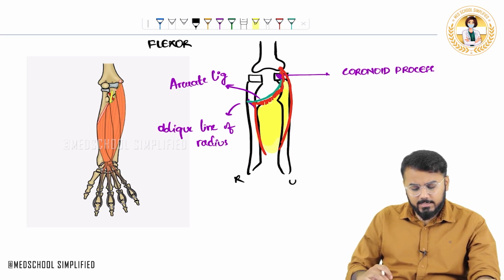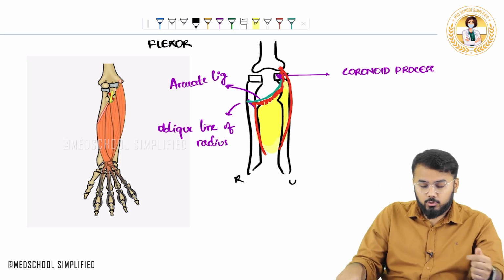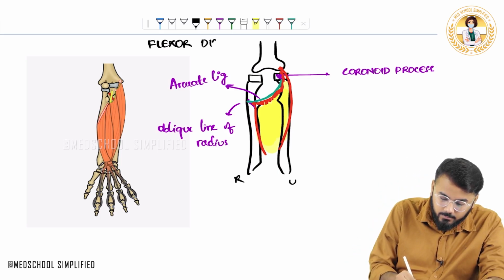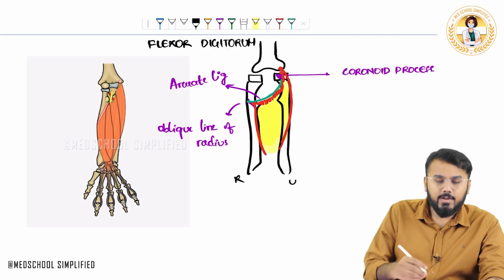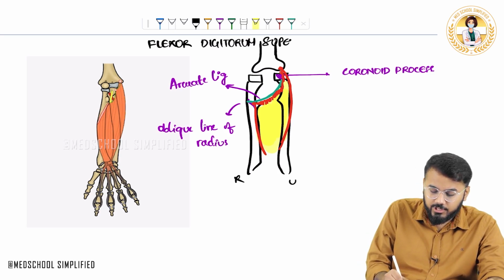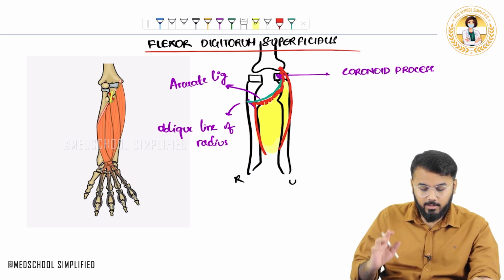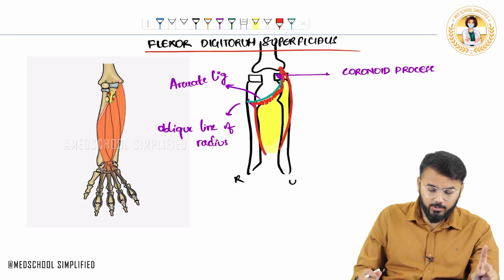And where is this muscle inserting, guys? It is inserting to your digits, your phalanges. So, digitorum. We are discussing the superficial group first, so this muscle would be superficialis. Flexor digitorum superficialis.